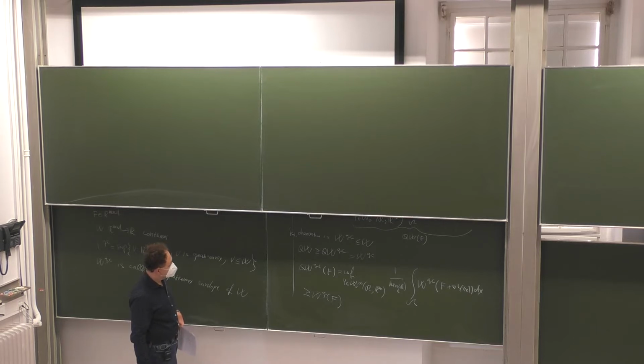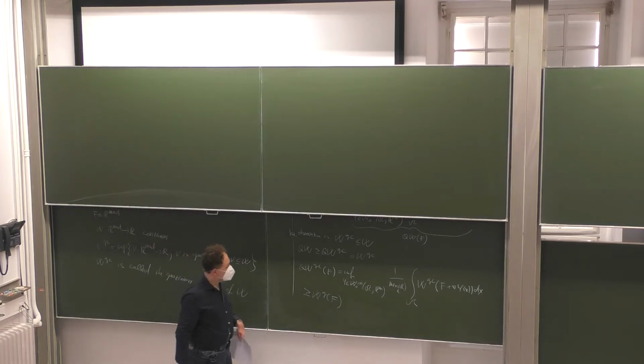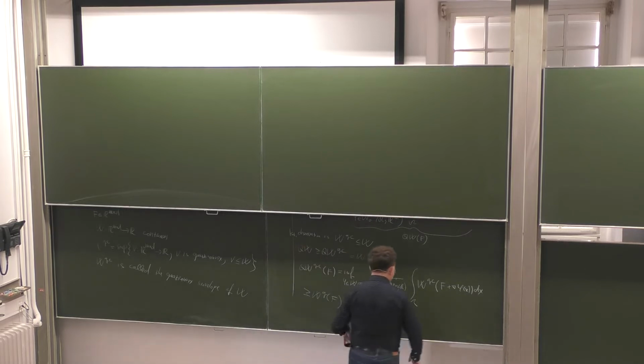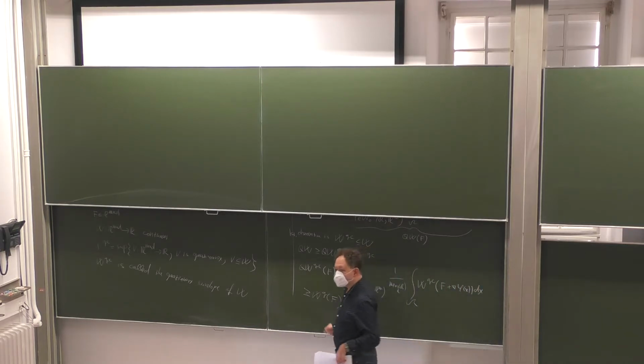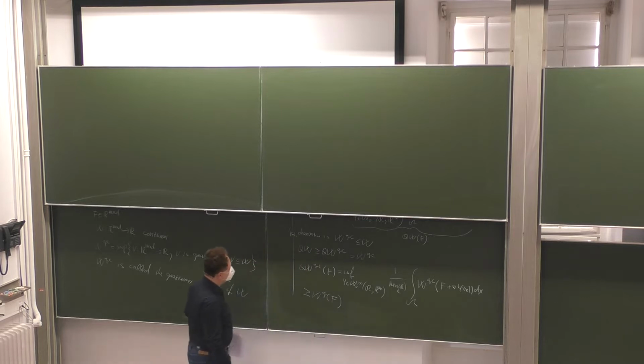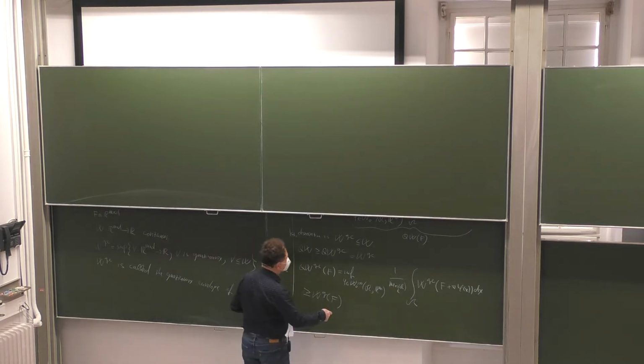So it looks like this is bigger than this one. But you take φ equals 0, you get exactly this. So this is the same. So now we have to prove the opposite inequality.